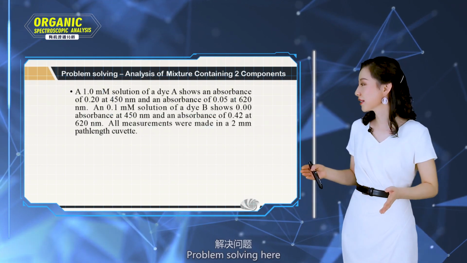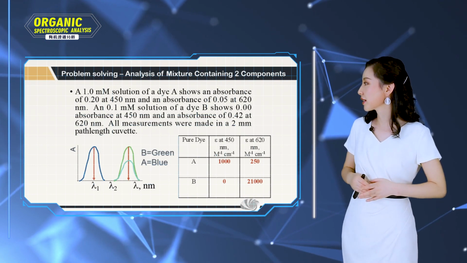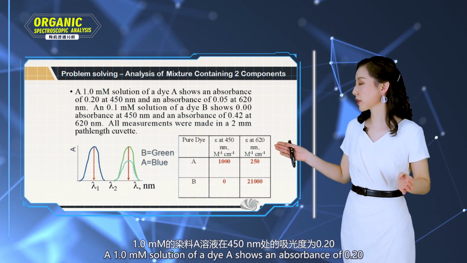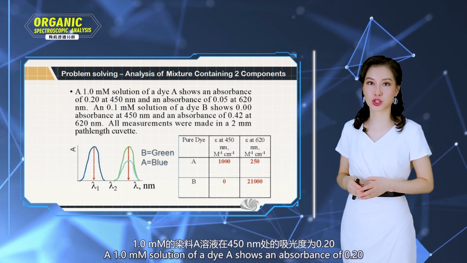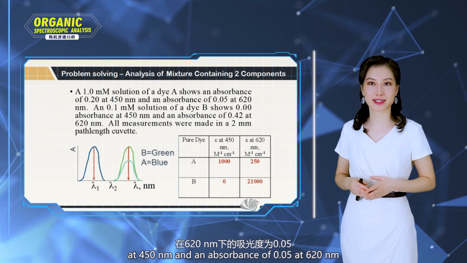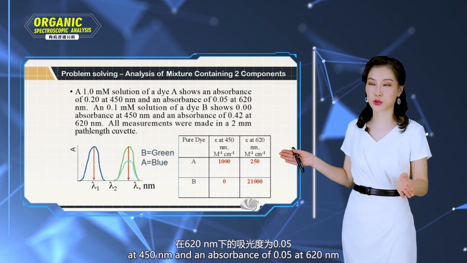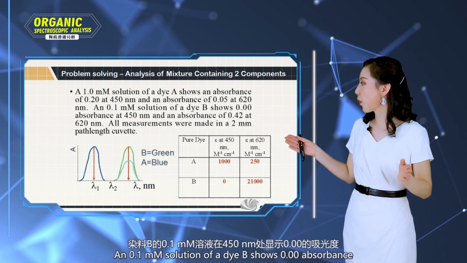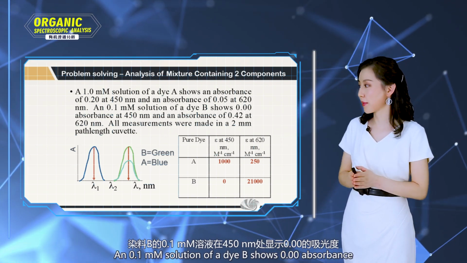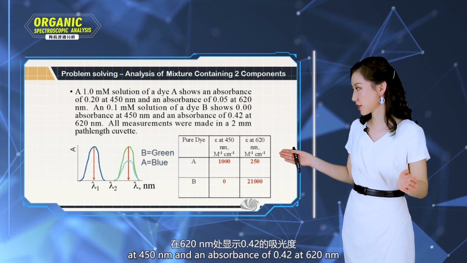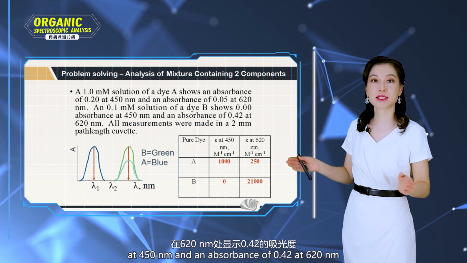Problem solving here: analysis of a mixture containing two components. A 1 millimolar solution of a dye A shows an absorbance of 0.2 at 450 nanometers and an absorbance of 0.05 at 620 nanometers. And a 0.1 millimolar solution of a dye B shows 0 absorbance at 450 nanometers and an absorbance of 0.42 at 620 nanometers.